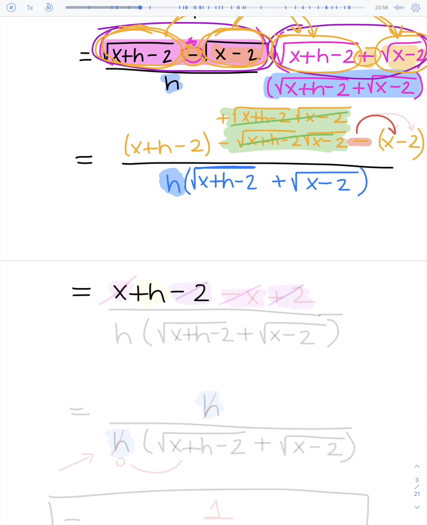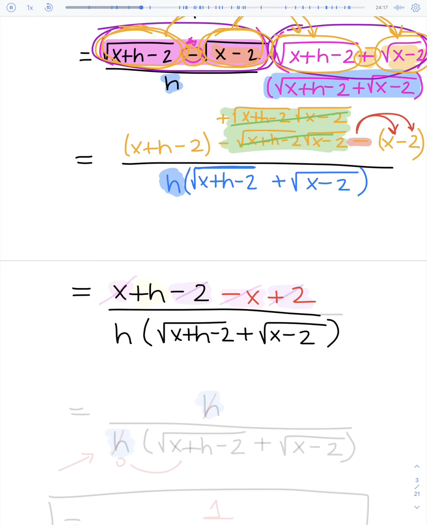So I get to distribute that minus to what's inside. And what that will get me is a negative x plus 2. And I'm still going to leave my denominator just horribly messy as that h times the square root of x plus h minus 2 plus the square root of x minus 2.